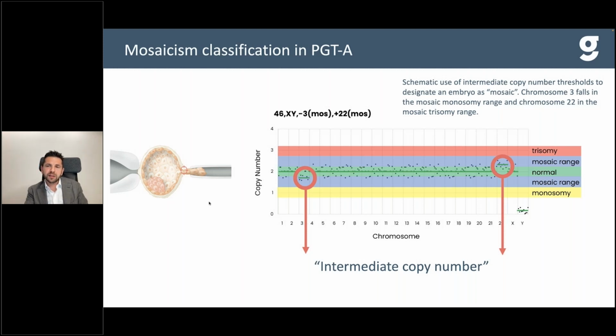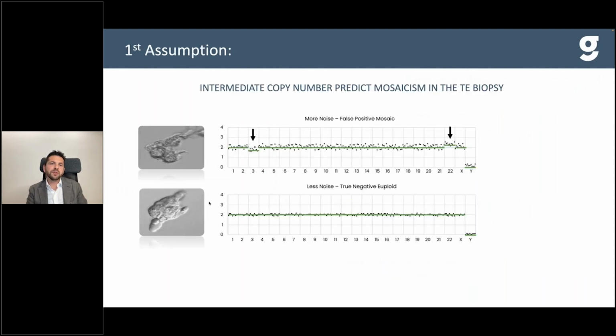Now, there are several assumptions behind this way of classifying mosaicism that are worth commenting on. The first assumption is that with our assays, we can never distinguish between technical variability and biological variability. So if we have noise or experimental challenges or issues in our analysis, we will never be able to distinguish whether an intermediate copy number value is coming from a technical artifact or from biological variation.